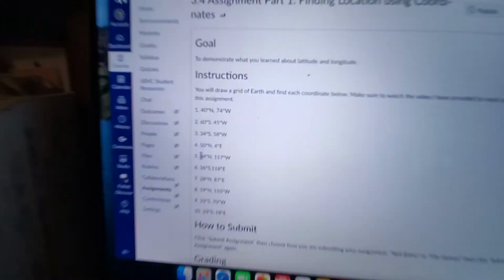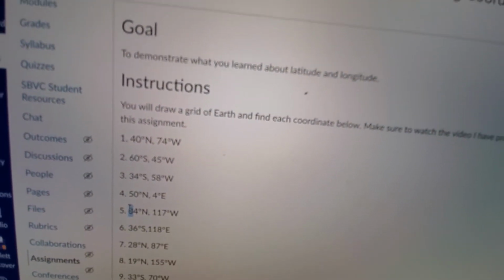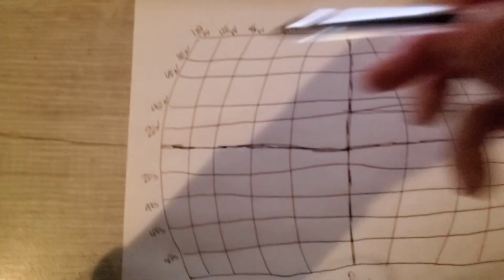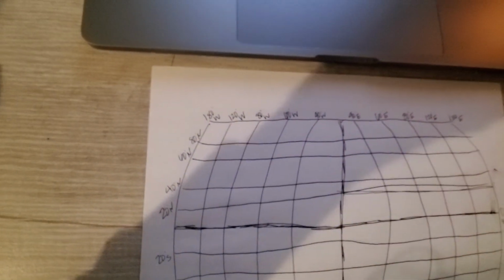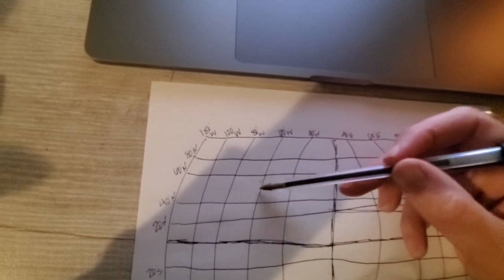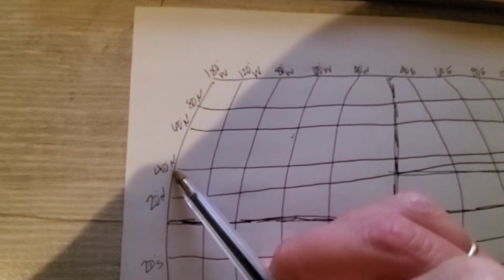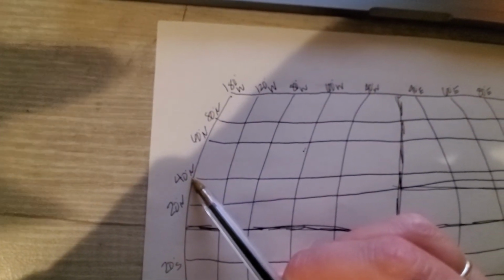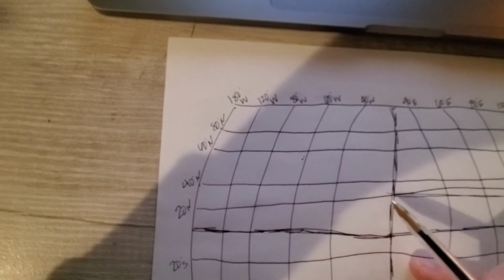Okay, let's look at our first one. 40 degrees north, 74 degrees west. So I'm going to go over here, remember? Northwest. Let's narrow it down to the northwest hemisphere. Here's my 40 degrees north, so I know I'm going to be along this line. And I need 74 degrees west.